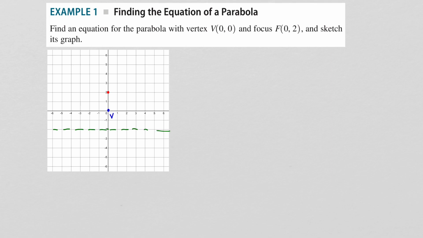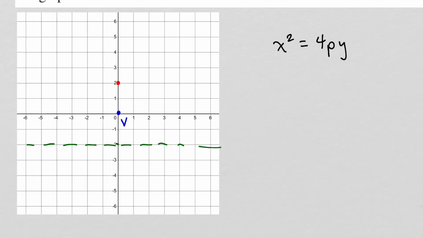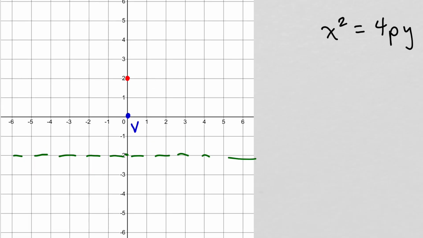Now the equation of the parabola is x squared equals 4p times y. And we know that p is the distance from the vertex to the focus. So p is this distance right here. And in this case, p is equal to 2. And I really shouldn't say it's the distance.